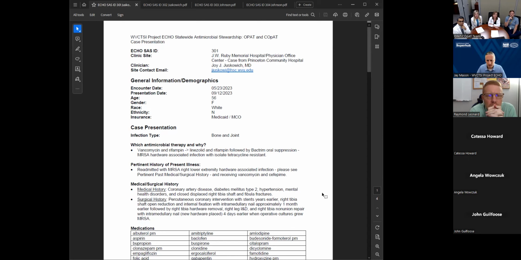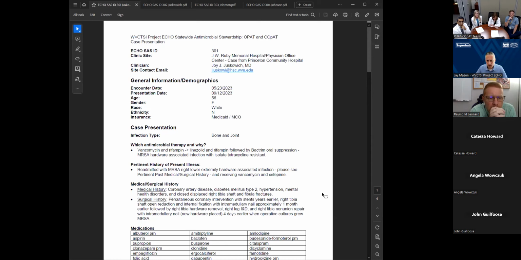For her history of present illness, when we were consulted, she had been readmitted with a right lower extremity hardware associated infection. She was receiving vancomycin and cefepime. For her medical history, she had coronary artery disease with prior stenting, diabetes, hypertension, some mental health disorders, and had suffered closed displaced right tibia shaft as well as fibula fractures.